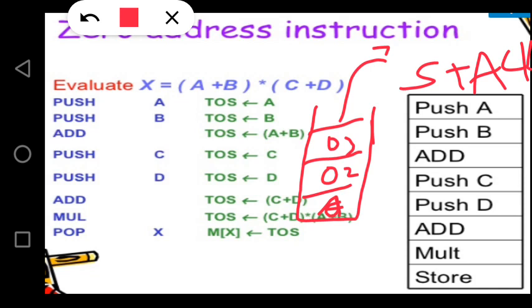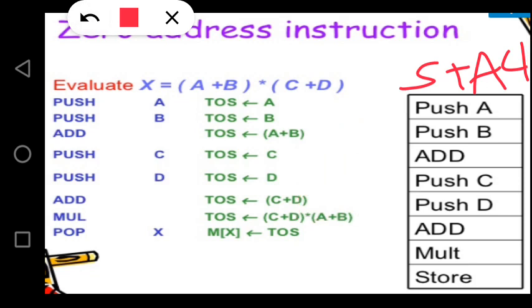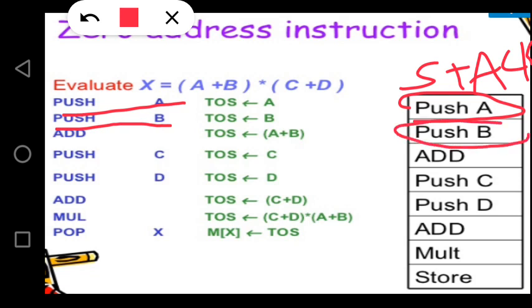This is the property of a stack. So if this is my stack, a stack again is a memory location in the memory. First you will say push A, that means push the value of A into the stack. Push B, push the value into the stack.